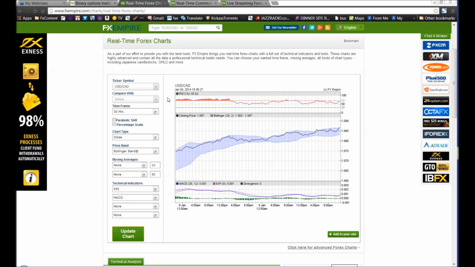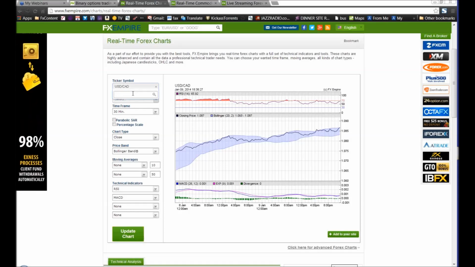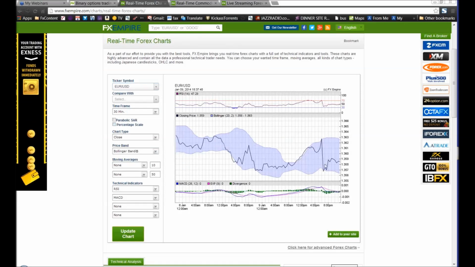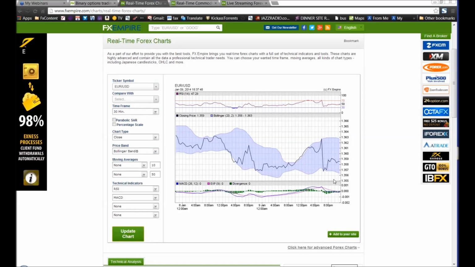So when you have your chart set up, you can go through here, and all you simply do is look at many, many assets, and anything that gives you close to a signal, what you're looking for is an asset where the price is getting close to the upper or the lower band. Okay.